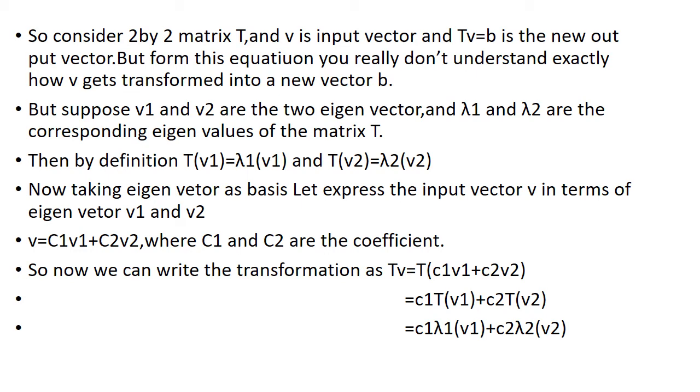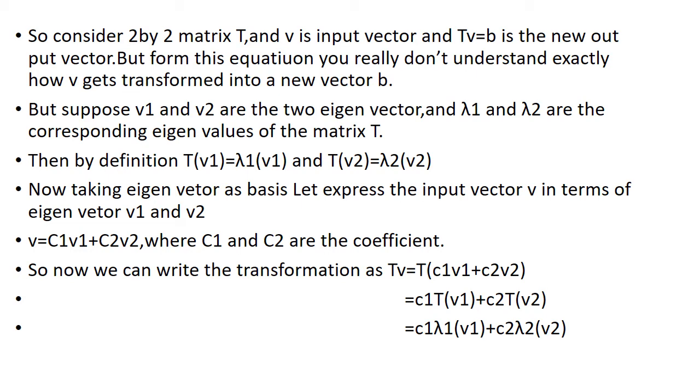But suppose v1 and v2 are the two eigenvectors of the matrix T, and lambda 1 and lambda 2 are the corresponding eigenvalues. By definition, if you act the matrix T upon the eigenvector v1, it only gets scaled by lambda 1.